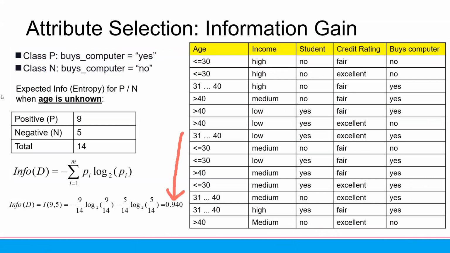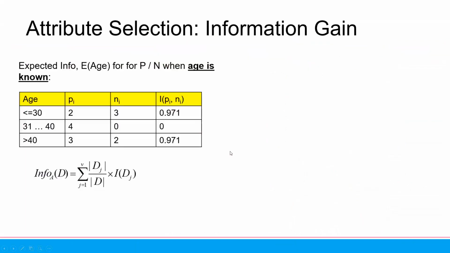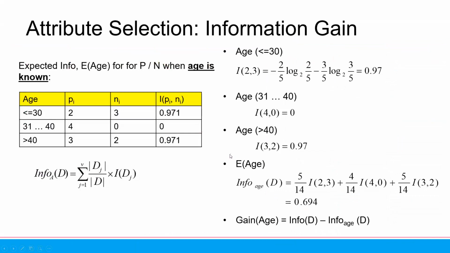Okay. And we want to subtract from it the information value for the attribute age, which is 0.694. Then we will get the value 0.246.